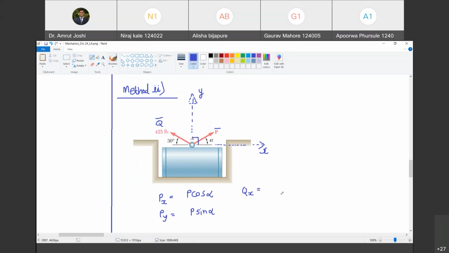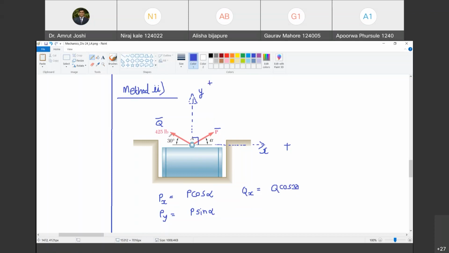Tell me. Q cos 30. But now you have to be very careful. We have called this direction of x as positive and this direction of y as positive. Therefore, its component is going to be on the negative side along x. Do you agree with me?